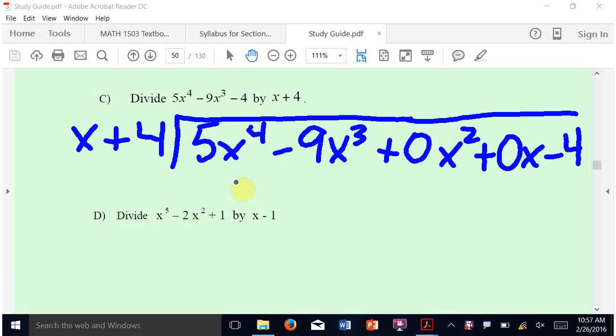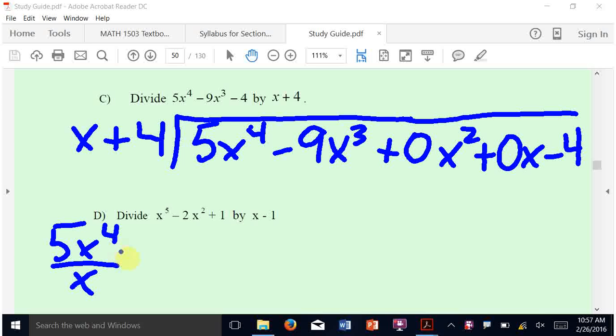Okay, so when implementing the first step, divide, you're going to divide by the leading terms of your dividend and your divisor. So 5x to the 4th divided by x. What is that going to be? Well, you can look at it maybe in a more familiar light where you are canceling out x's.